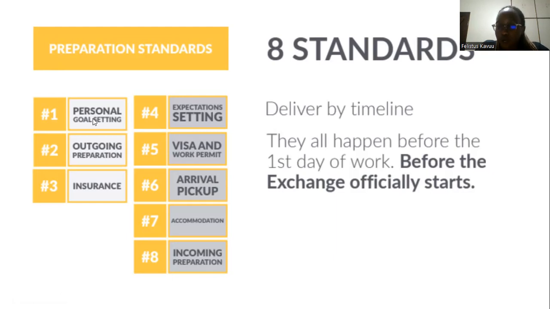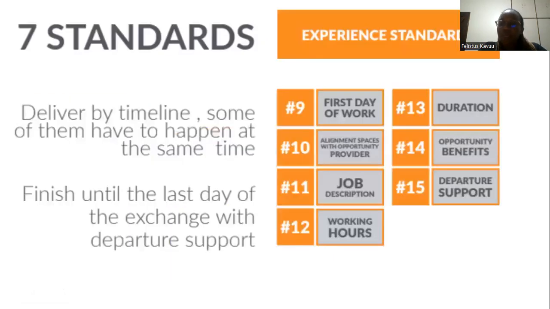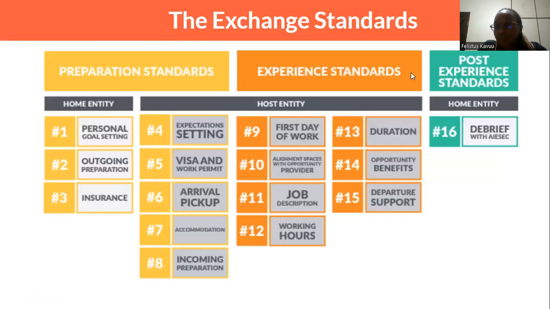I will not go through all in depth right now because we will break them down in the upcoming slides. In the experience stage, there are 7 of them. And in the post-experience, we have the final standard. So these are the exchange standards connected to the different sections of the customer funnel to which they are related.